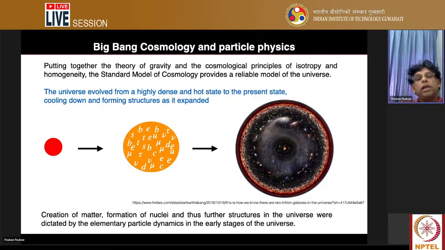We can think about it as highly dense and very energetic, with large energy density and high temperature, a situation where all the different elementary particles can be thought of as existing.